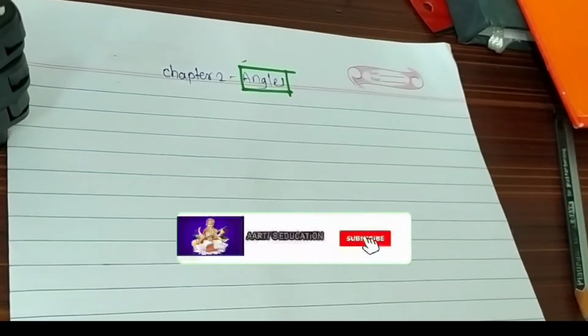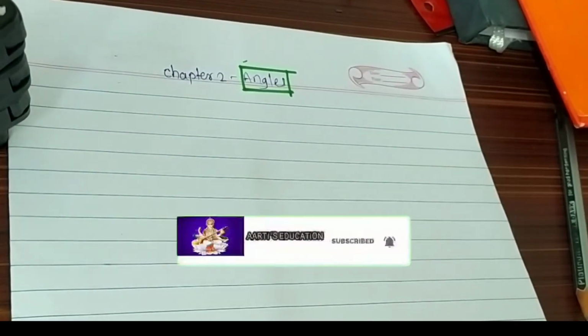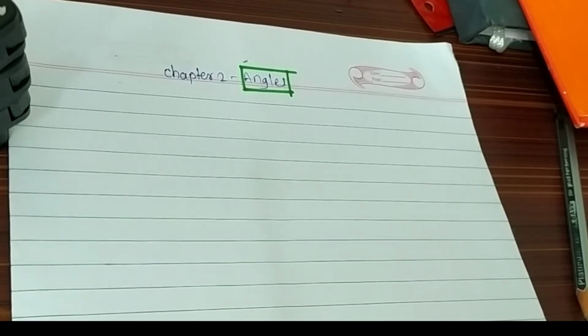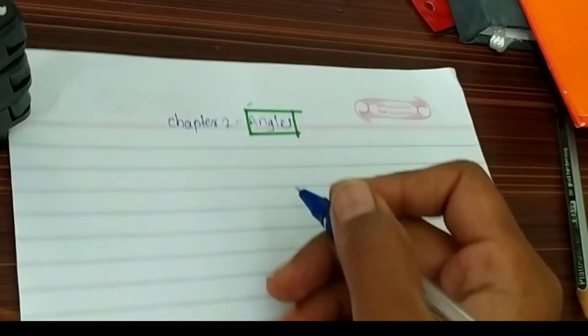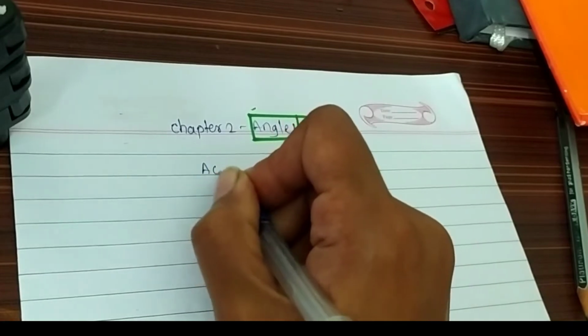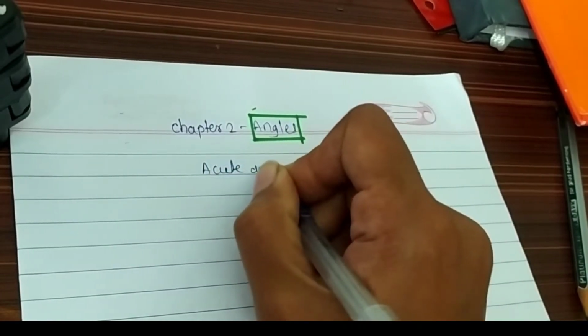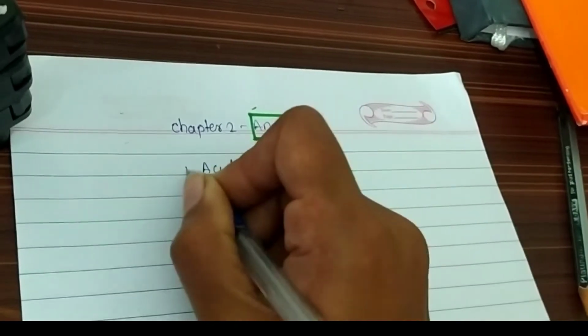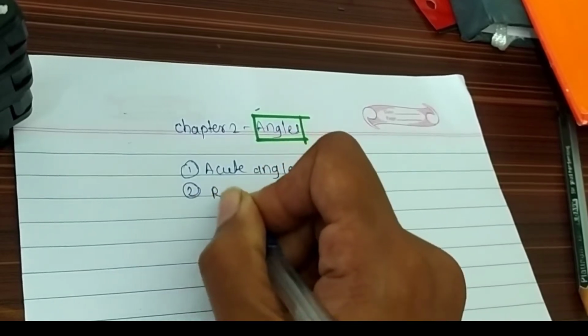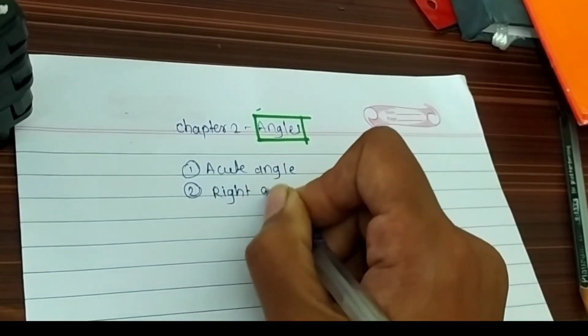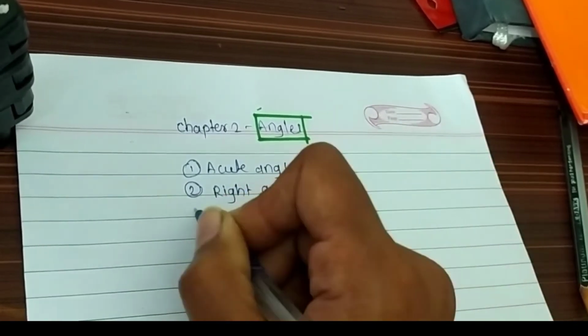Welcome to chapter 2, angles. Students, in last standard, that means 5th standard, we learnt about 3 types of angles, that are acute angle, right angle and obtuse angle.